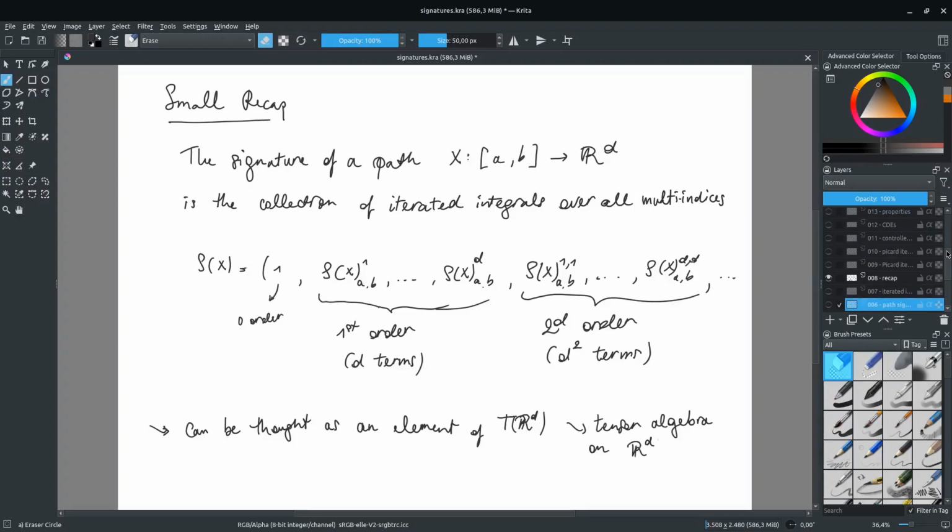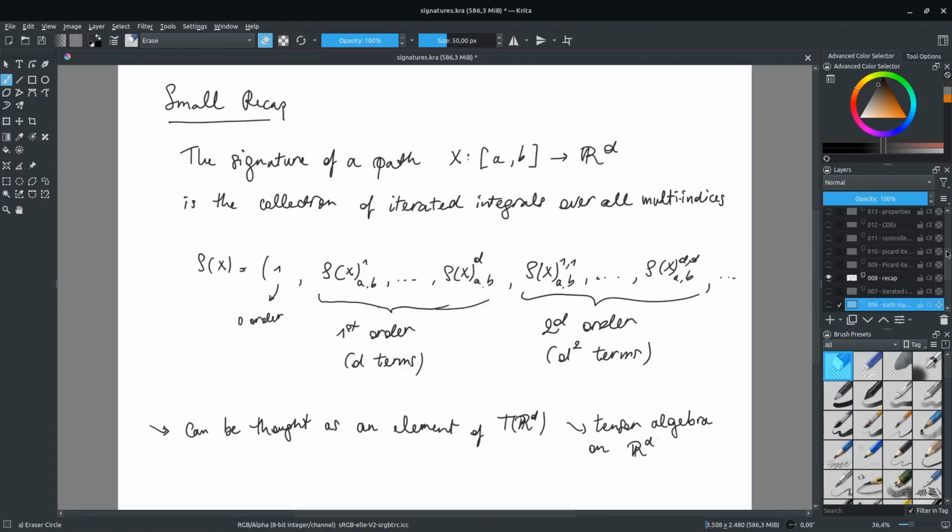The signature of the path is just the collection of all iterated integrals of all multi-indices. I can also group them by order. The constant 1 is just order 0. Then I have d order 1 terms, one for each index, and then I have my pairs, so d squared for all the other terms.